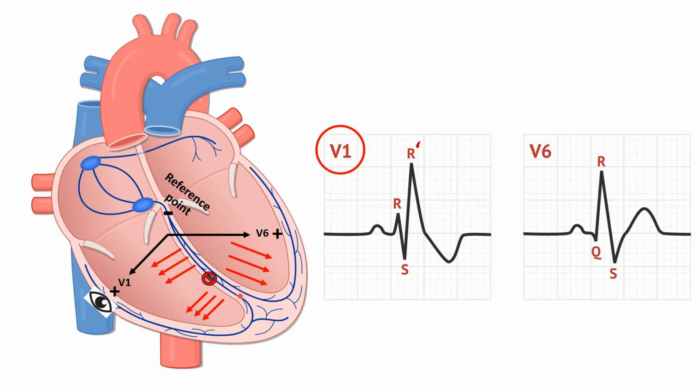So we have a final positive deflection with R prime because the depolarization is happening towards the positive electrode, towards V1. Next, in V6, we're going to have a wide slurred S wave, and this is due to the delayed depolarization of the right ventricle.